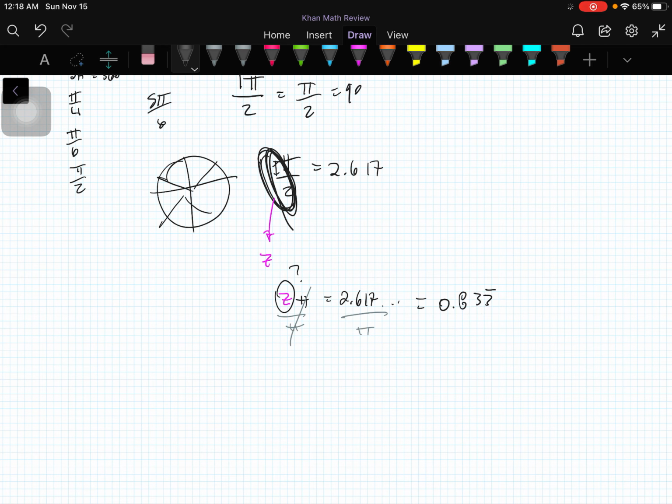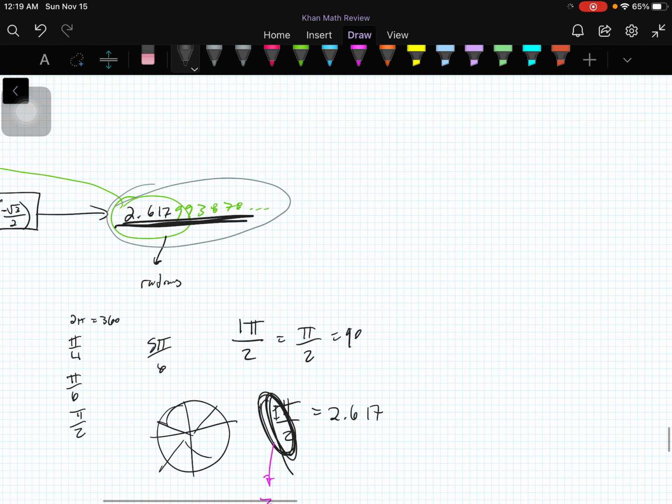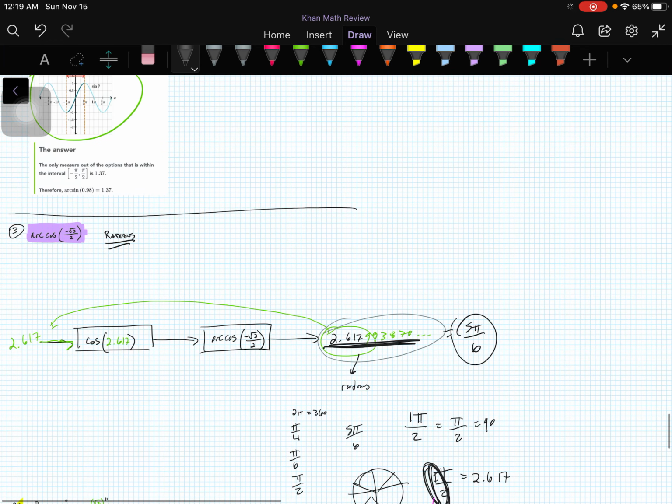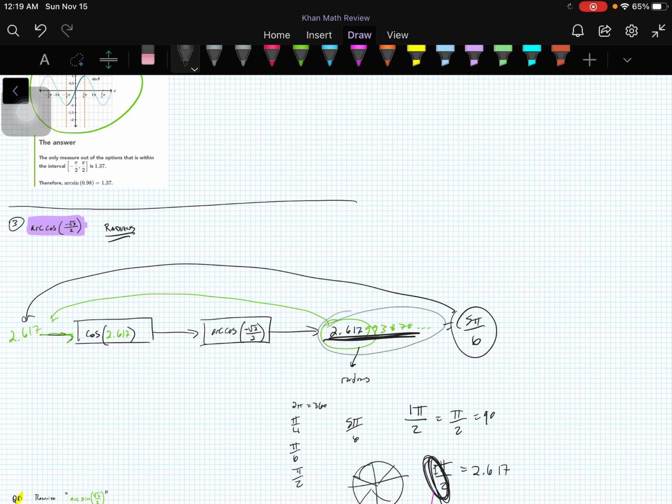And I'm going to go math fraction, equals 5 over 6. So if I know z is 5 over 6, I'm missing the pi right in front of it, so I'm just going to put the pi right there. So it's 5 pi over 6.